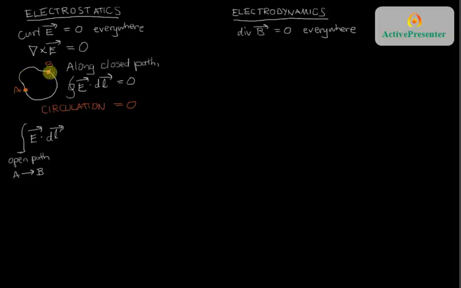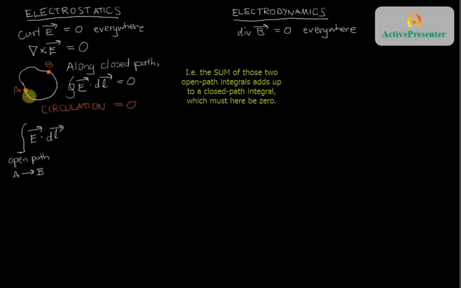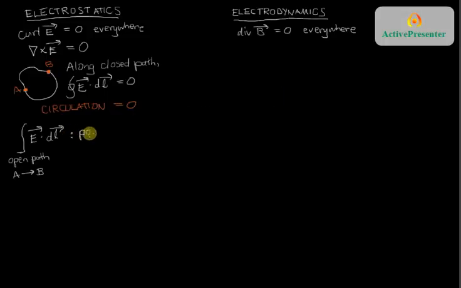that means that any way I get from A to B, it doesn't matter what path I take, because for any two paths, when I flip the sign of one, their integrals cancel out and give you a zero. So the integral along that open path has got to be path independent.